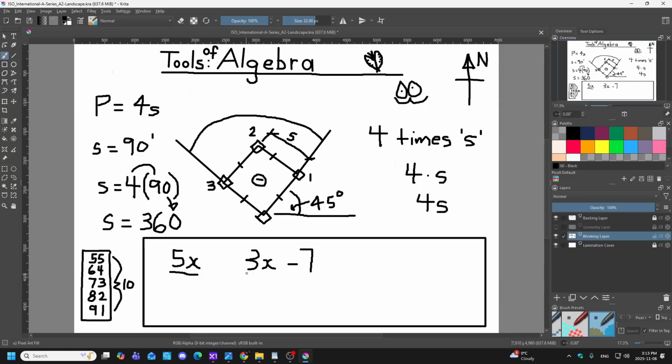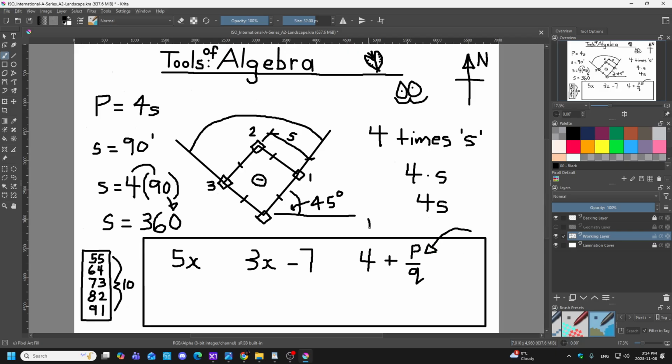The same thing here, 3 times x. Let's see some other examples. So, no worries, you've worked with fractions. These variables we use to substitute numbers.